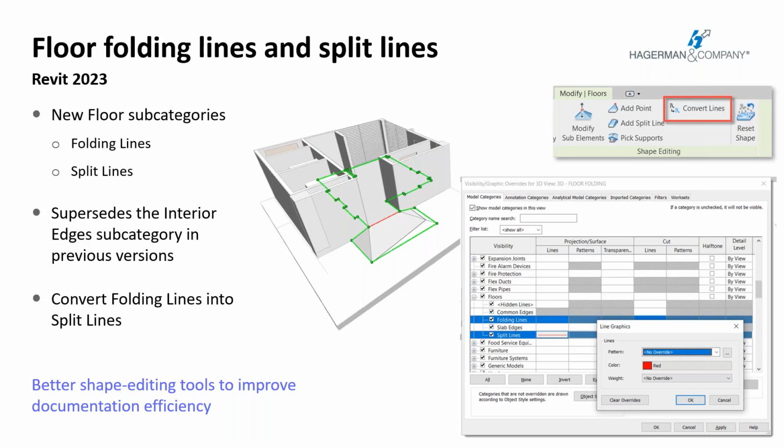In Revit 23, the floor category includes new folding lines and split lines subcategories. So this is going to allow you to control the visibility of these sloping subregion boundaries. You can convert folding lines into split lines with the new Convert Lines button. And if you need to change it back, you would just delete the line and it would go away.